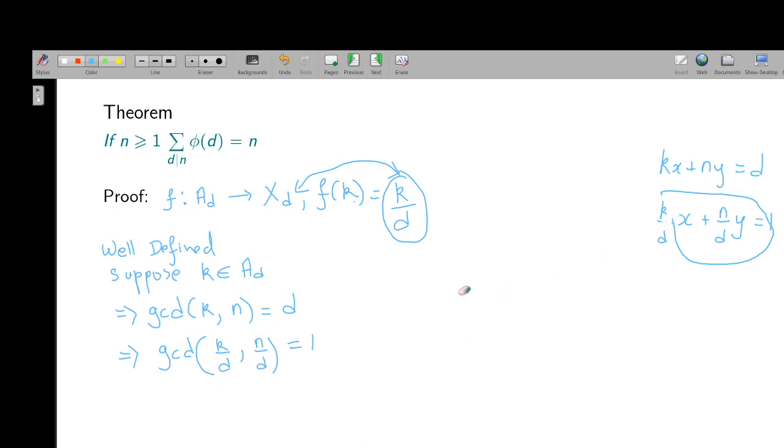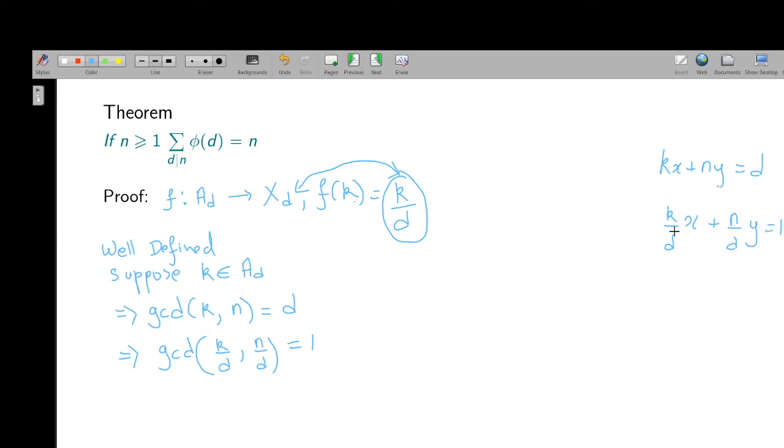From this expression you can tell that the GCD of k by d and n by d is 1.